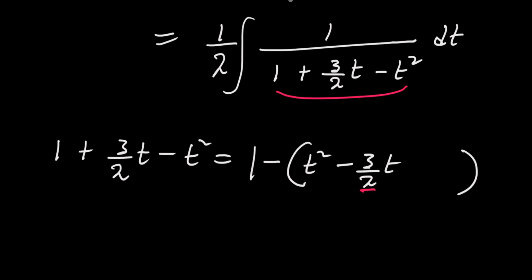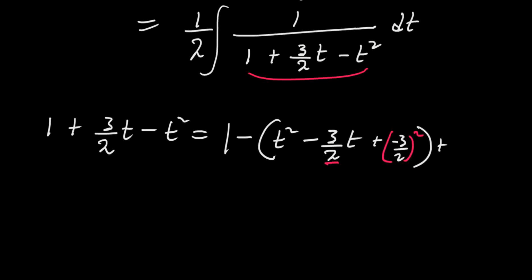So we can simply add negative 3 over 2 squared, and also plus negative 3 over, remember it will be divided, and automatically this will become 4 and not 2.